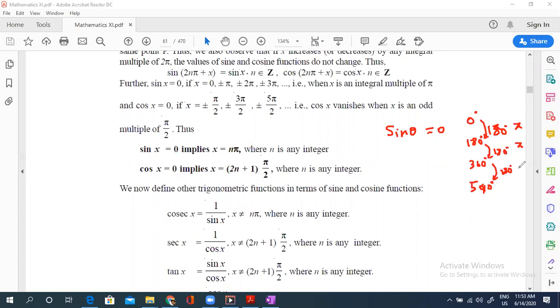In terms of radian, it is pi, pi, pi. So this is 0, this is pi, 360 degrees is 2 pi, 540 is 3 pi, है ना? So if you observe, then sine theta is equal to 0 at the value n pi, where n is an integer. Got it? Yes or no? Tell me, are you getting this?